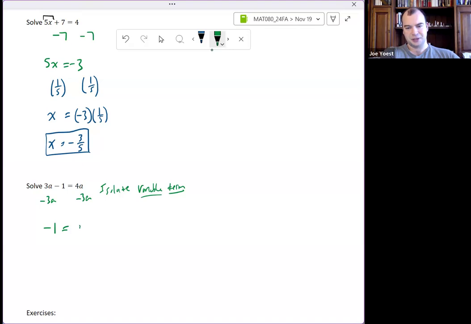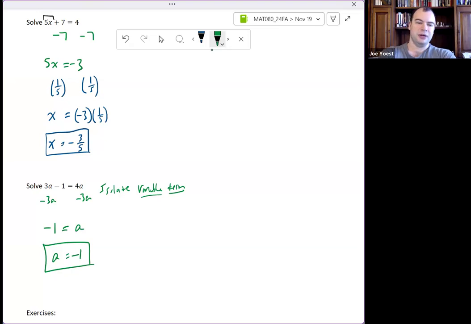Well, hey, that's just a. By isolating the variable term, it was kind of nice. I ended up actually isolating the variable itself. I have a equals negative 1 is my solution. I got lucky here and didn't have to do a second equation solving step.